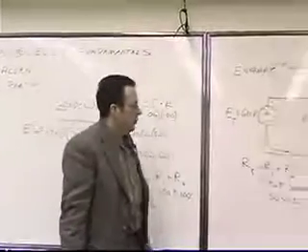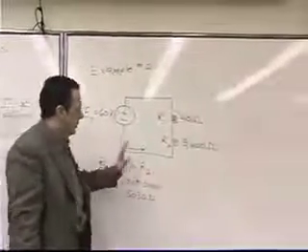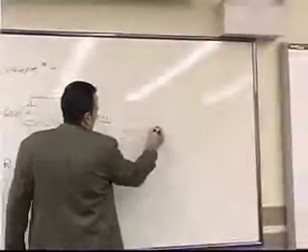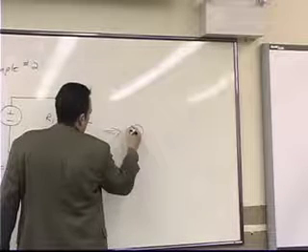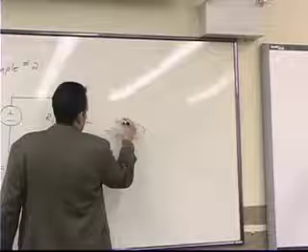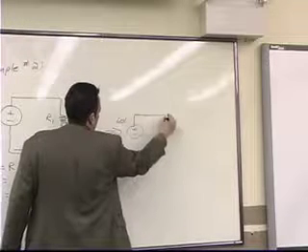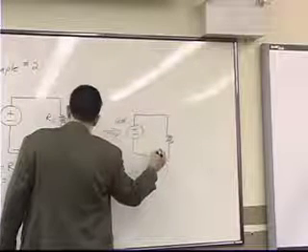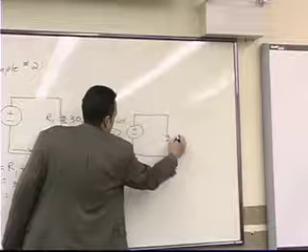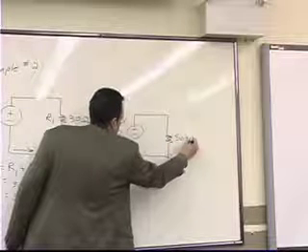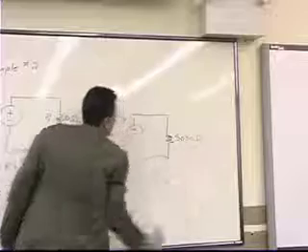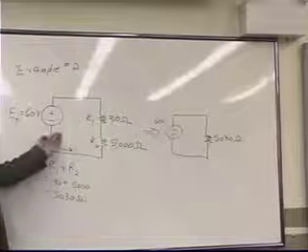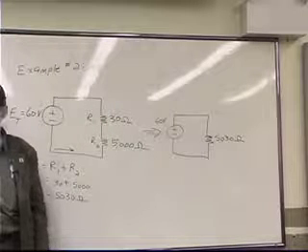We can then draw an equivalent circuit where we have the same source, which is 60 volts, but only one resistor, and that one resistor has a resistance of 5030 ohms. Is this circuit equivalent to that circuit electrically?